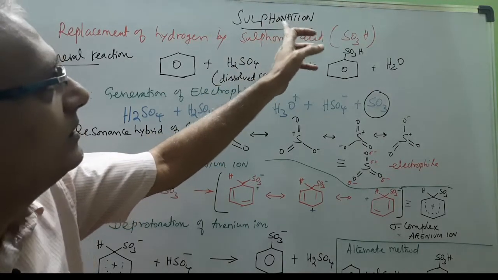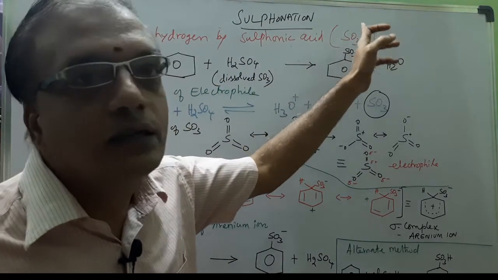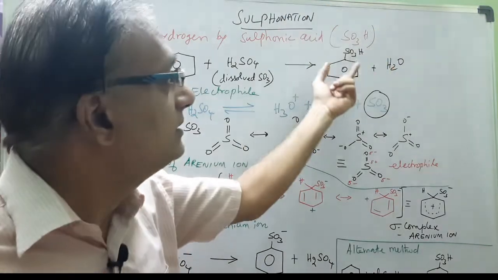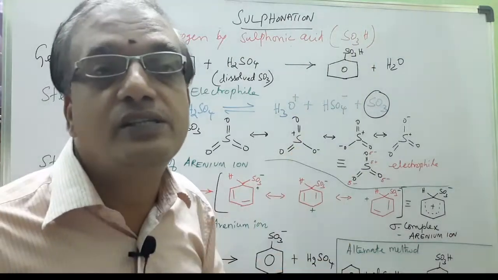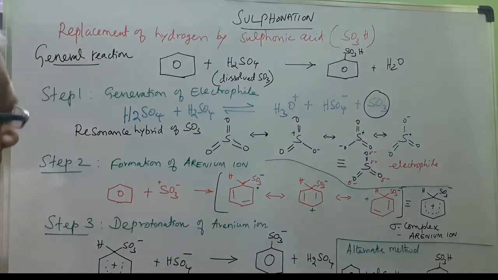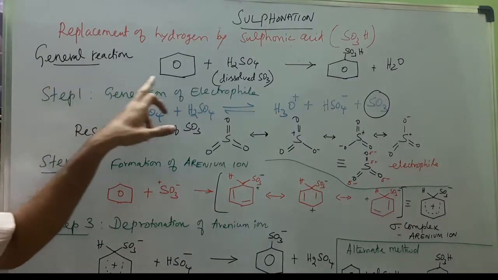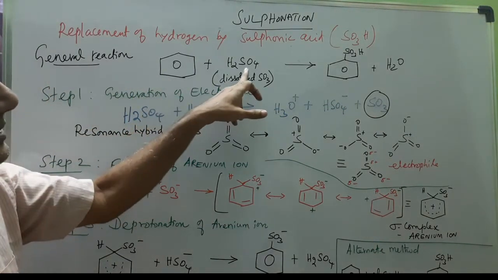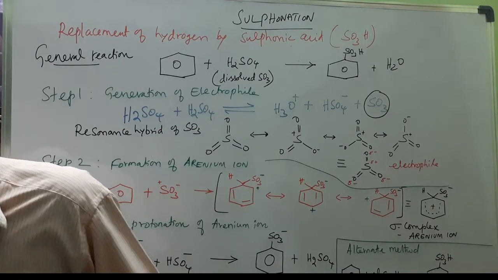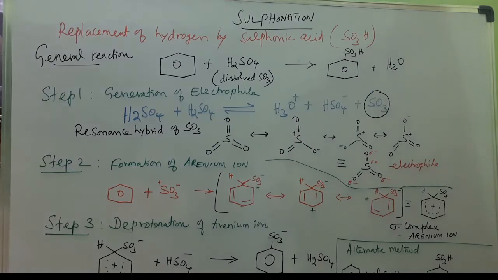Sulfonation means the sulfonyl group, not sulfonyl chloride, is substituted onto benzene to form benzene sulfonic acid. So, here we have benzene, and the sulfuric acid is concentrated sulfuric acid.